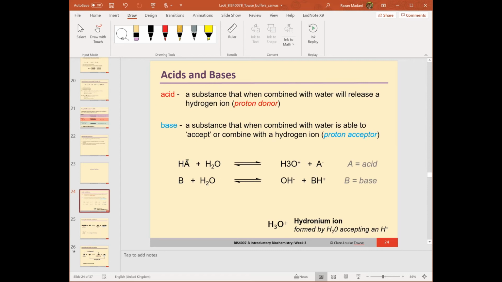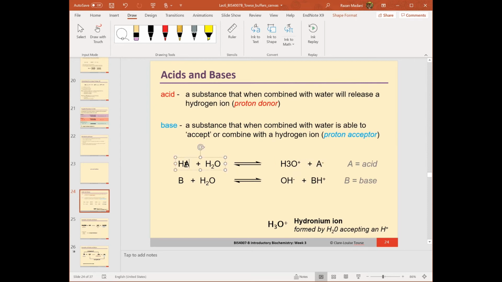In that case, HA is donating the H, and the H is a positive one. So A will become a negative here. So that means the proton donor is the A.